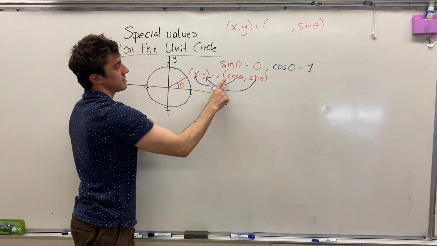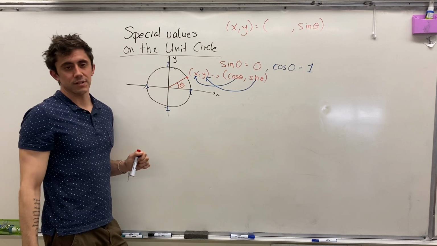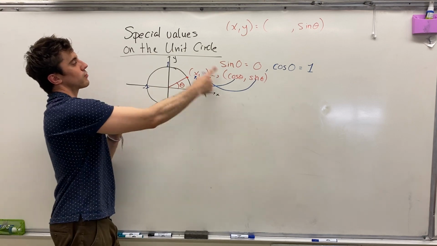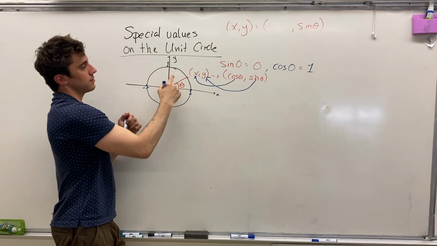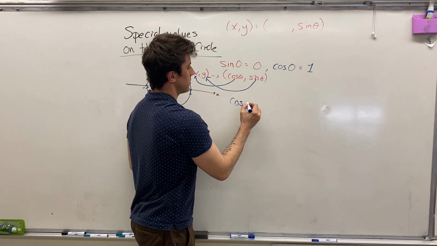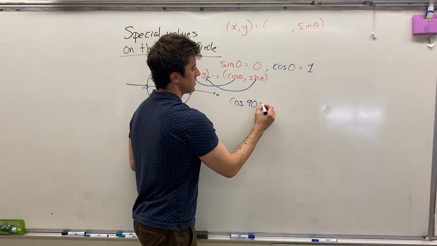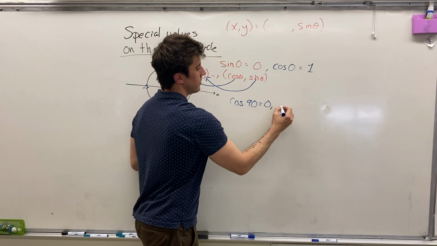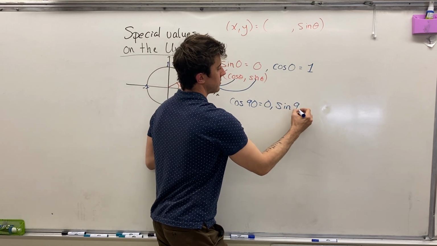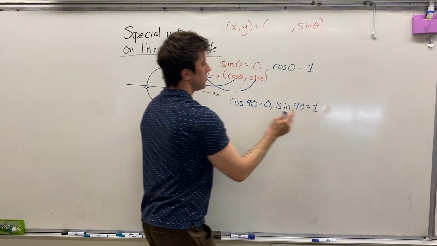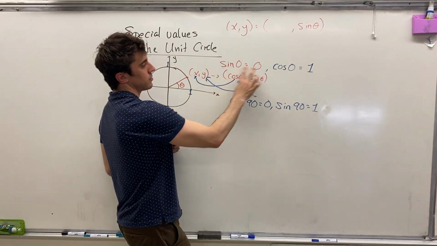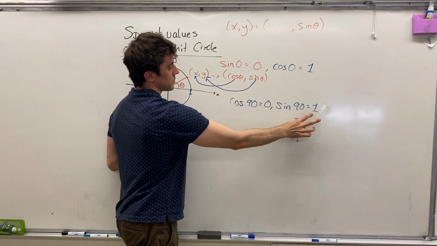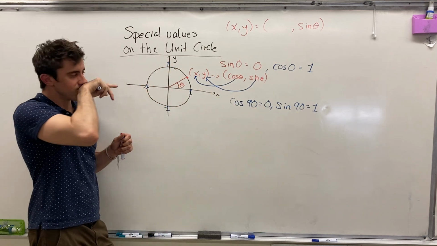And x is your cos theta, and so cos of 0 is equal to 1, okay? And then we can track through the unit circle. We have 90 degrees, and so we have cos of 90 degrees is equal to 0, and similarly, sine of 90 is equal to 1. Really just swapping the values, right? Sine is 0, cos is 1, sine is 1, cos is 0, okay?